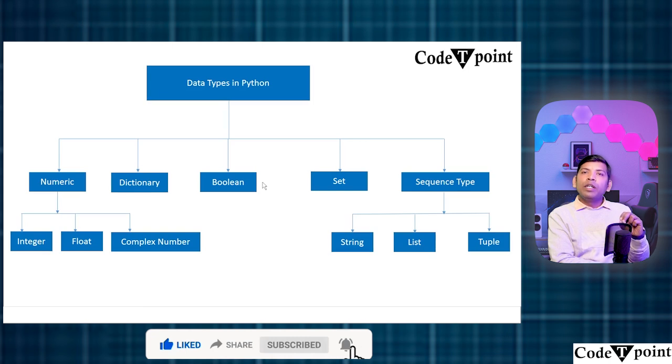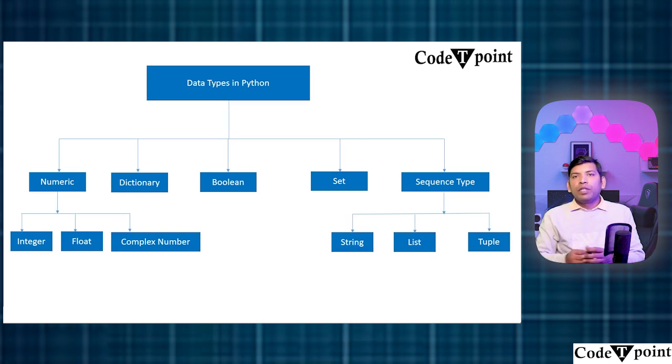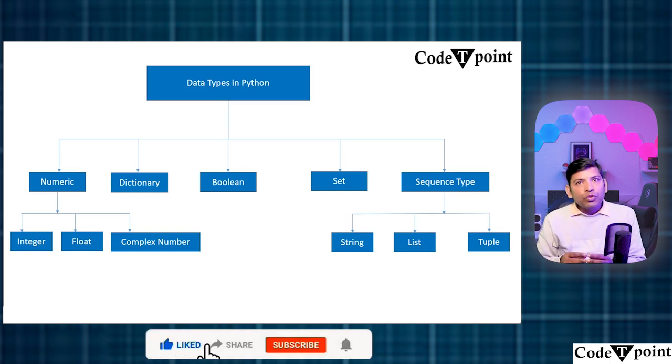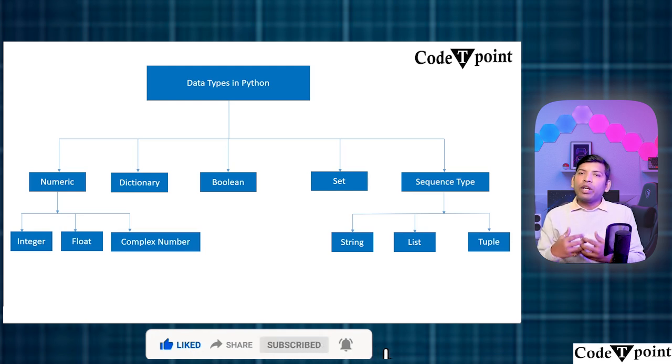What is a list? List is one of the data types that holds homogeneous or heterogeneous values, and it is represented in the form of square brackets.